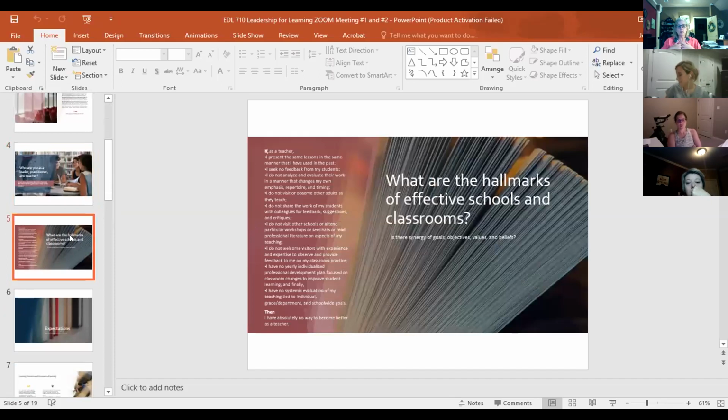So what are the hallmarks of effective schools and classrooms? I'm not going to read this to you guys. You can absolutely read it. But to give you a synopsis, effective instruction looks pretty simple. When I went into a classroom as a principal, an assistant superintendent, team leader, department chair, all those different roles I did, there were 3 questions I always asked.